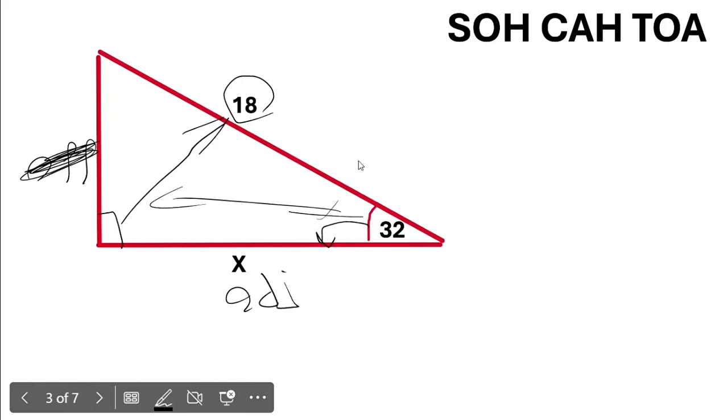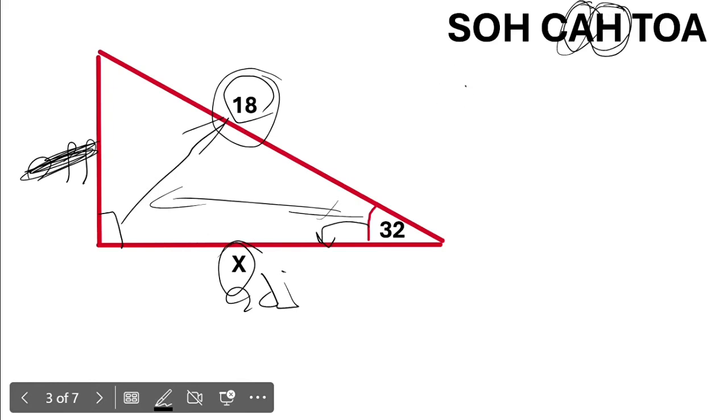Now here you have adjacent and hypotenuse. Now we use CAH because I have adjacent and hypotenuse. We want to find adjacent and we have hypotenuse, and the opposite is unknown.